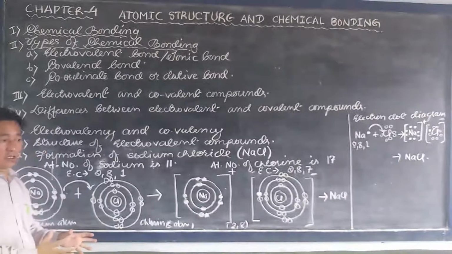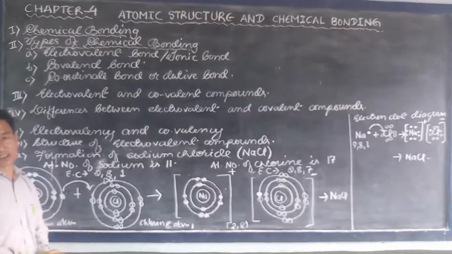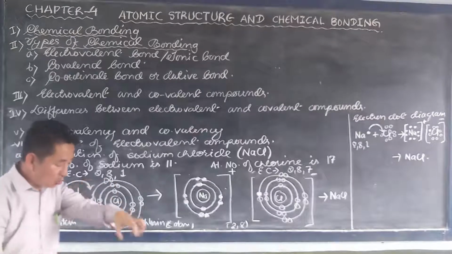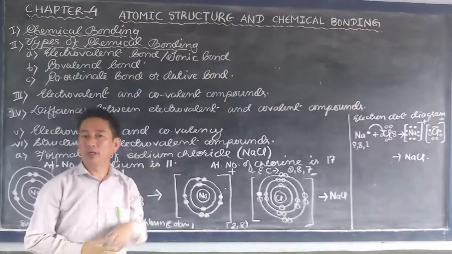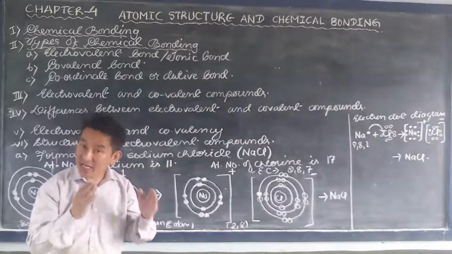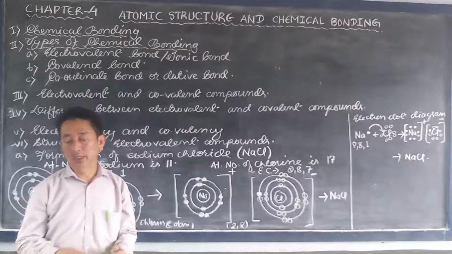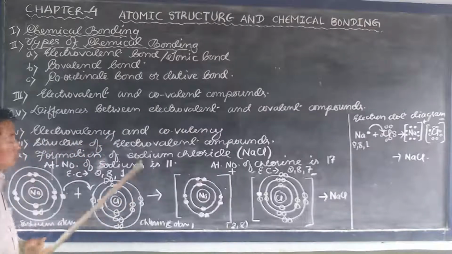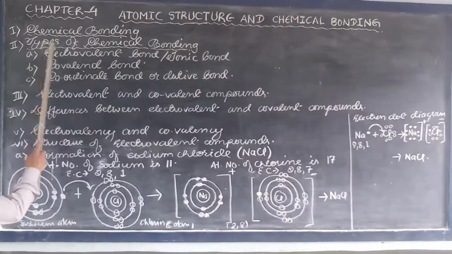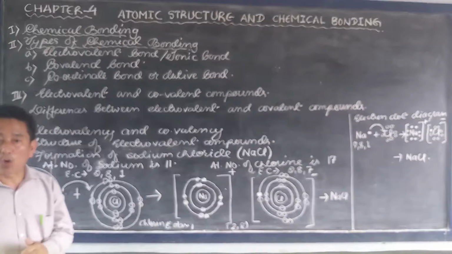That means there are some forces which hold the atoms together within the molecule. These forces are called chemical bonds. Now let's move on to today's topic. Now, what are chemical bonds?